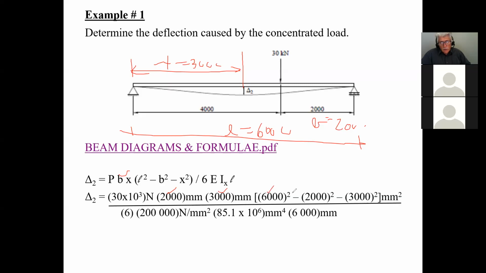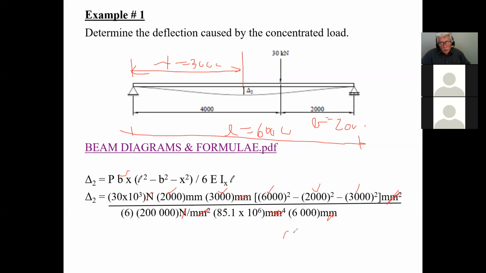Now here it is L squared, B squared, x squared, okay? And then of course, here I have 6EIL. Now because I multiplied by 1,000, that becomes 30,000 newtons. That cancels that. This and this will cancel this. This will cancel this.